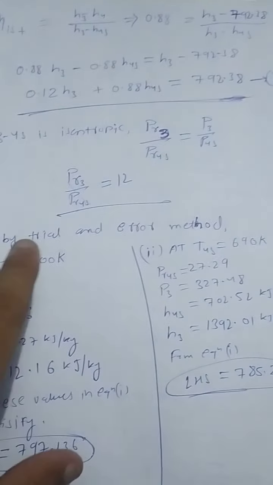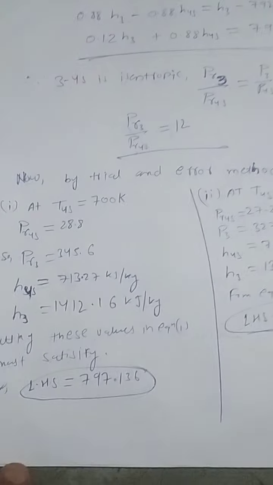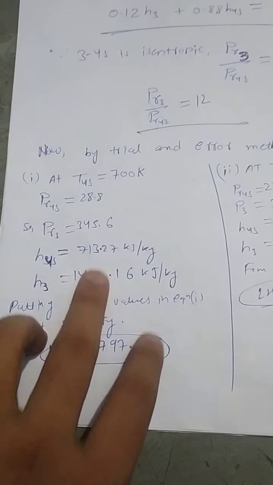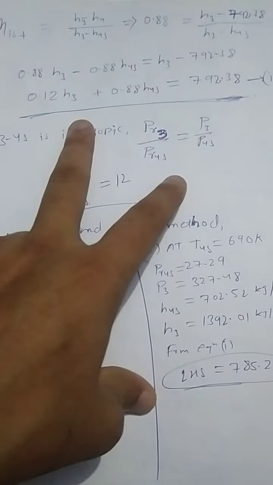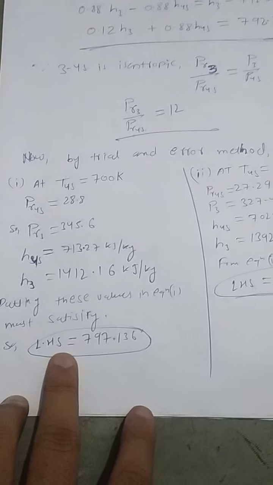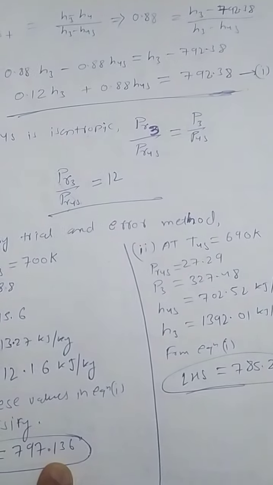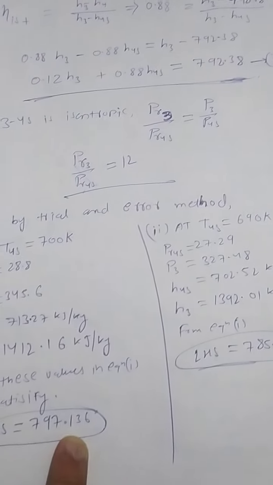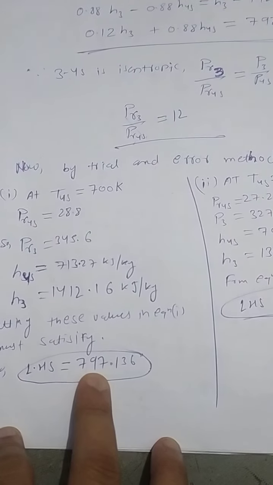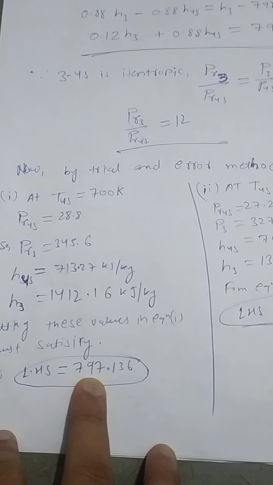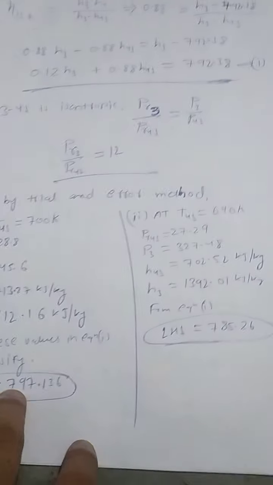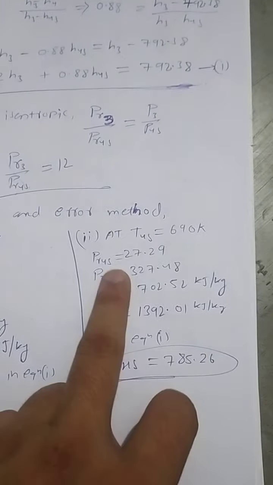So putting H3 and H4 in equation 1, we get LHS equal to 797.136, and the RHS is 792.38. So they are not equal, and we have to try the next trial.